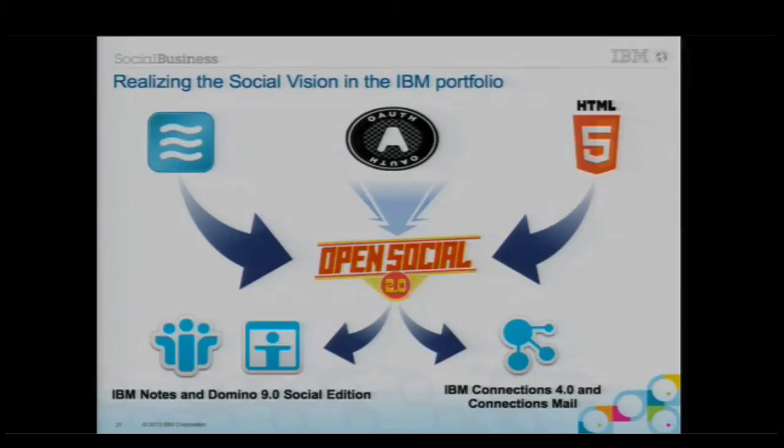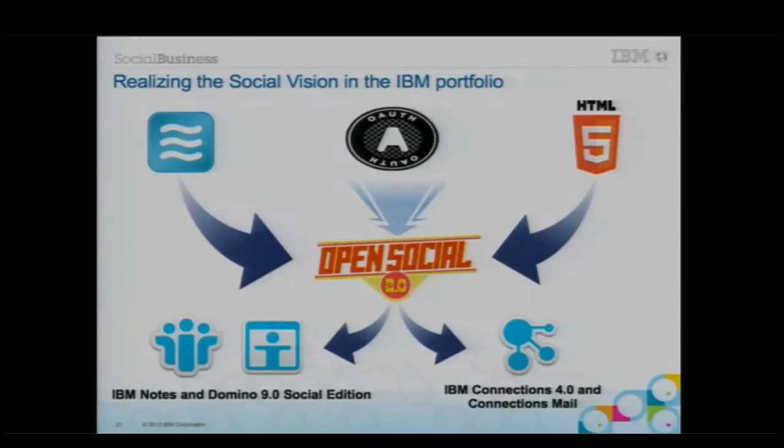I won't go into too much technical detail other than to say that Open Social and Shindig together combine a spec and an implementation of an application container that will run applications called gadgets. Those gadgets can run from websites, web pages, and now with 9.0 inside the Notes client.